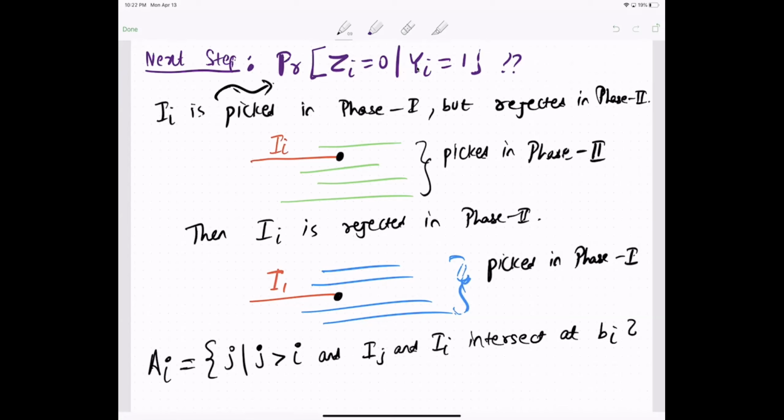I didn't define what Bi is, but basically for every interval Ii, the left hand point is Ai, the right hand point is Bi. Right?